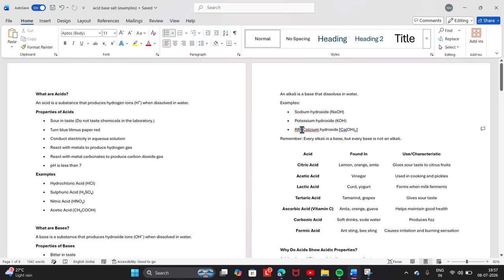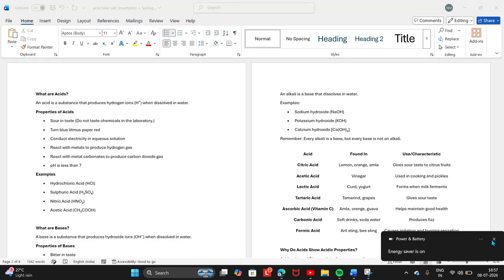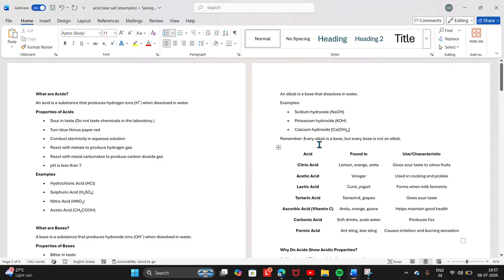Same, potassium hydroxide, which dissolves in water, and calcium hydroxide, which also dissolves in water. Remember, every alkali is a base, but not every base is an alkali. So only those bases which can dissolve in water are called alkali. But those bases which cannot dissolve in water are not called alkali. Okay?